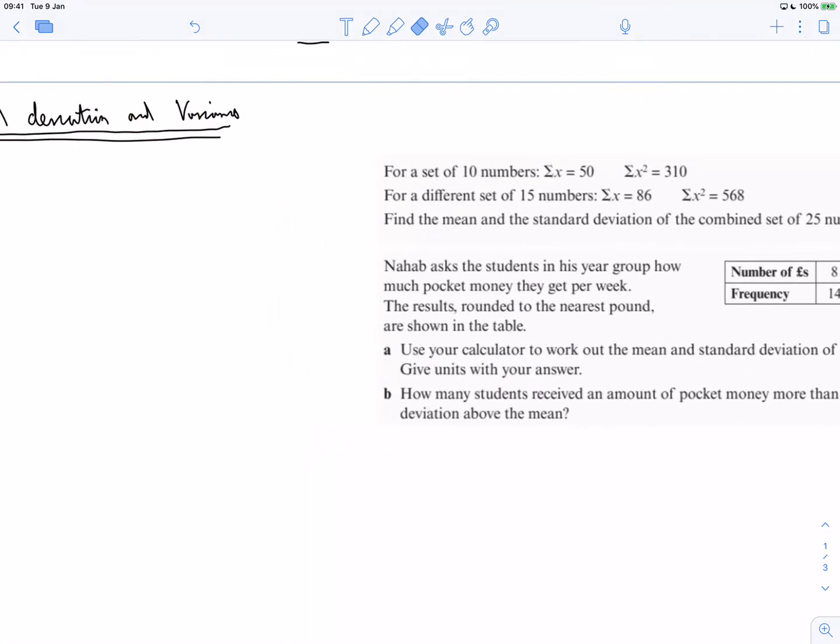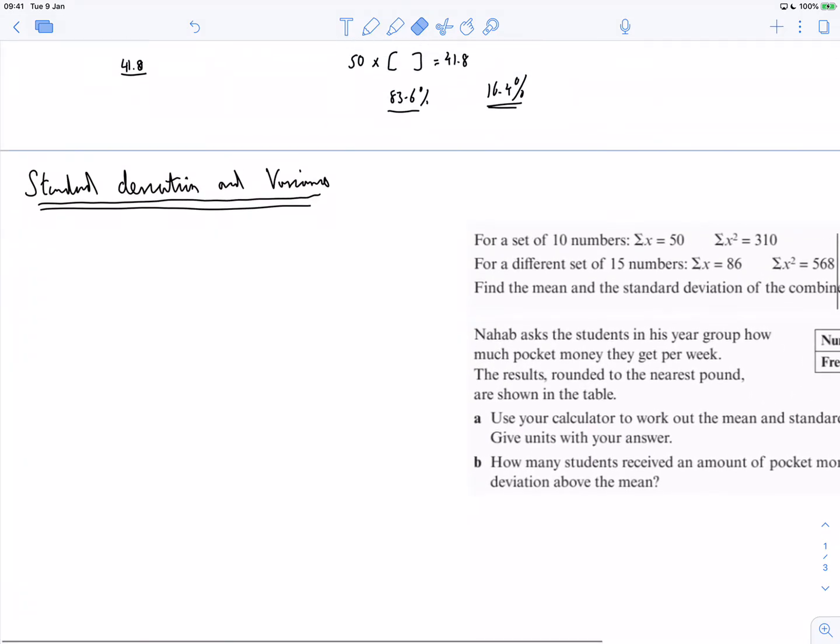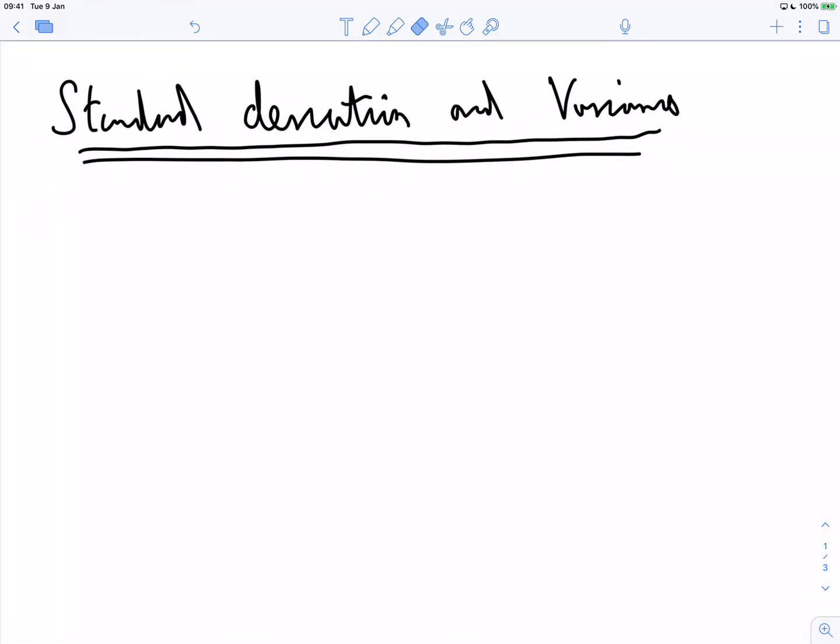Okay, standard deviation and variance. Right. What is standard deviation? Well, standard is just another way of saying average. Standard length of something, the average length of something. The standard time, it's just another way of saying average. And deviation is difference. If something's deviating from something, it's different from something.